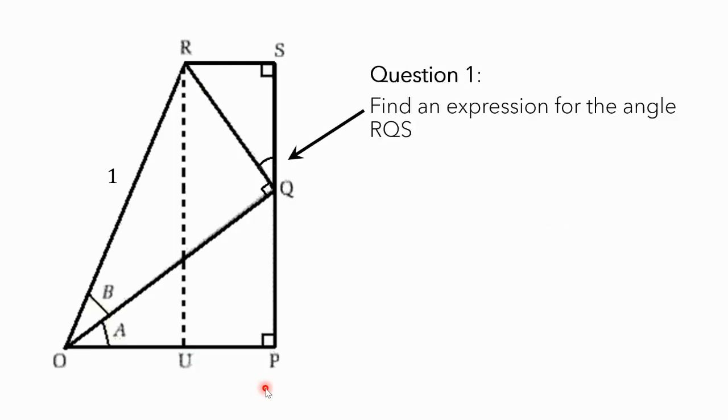Tip number 1. The first thing you need to do is find an expression for this mystery angle up here, RQS, so this angle here. I am going to give a hint in approximately 10 seconds, so if you want to have a go now, pause the video.